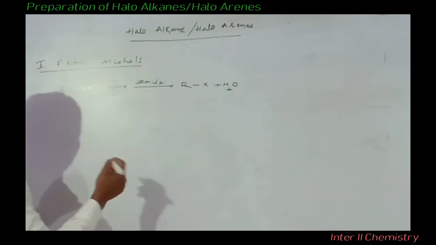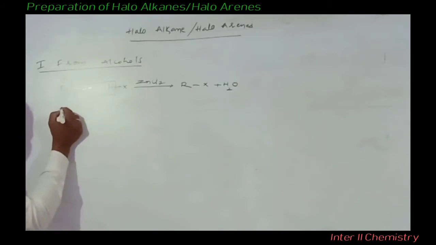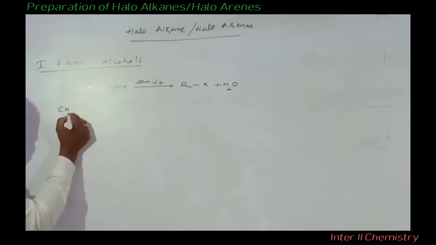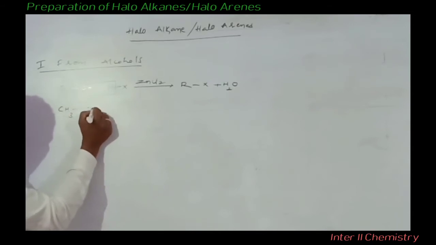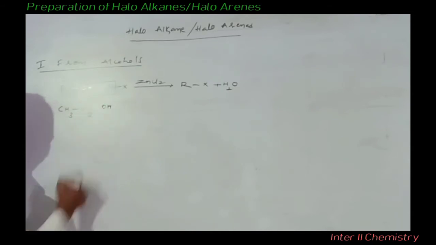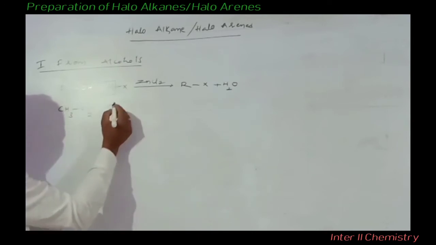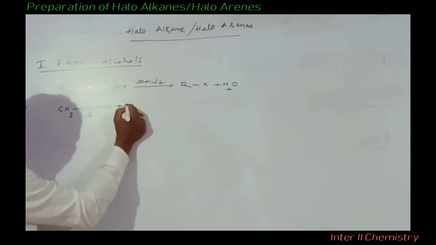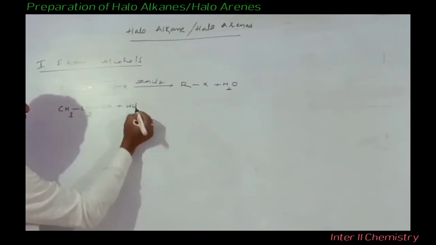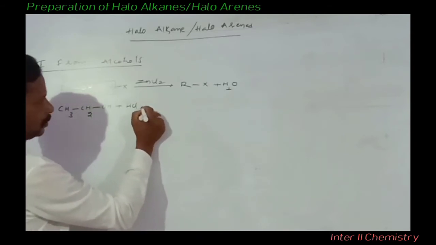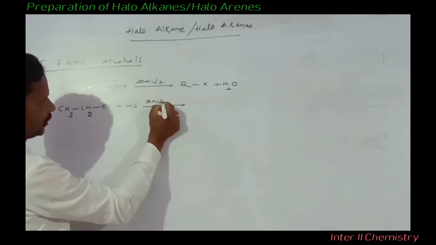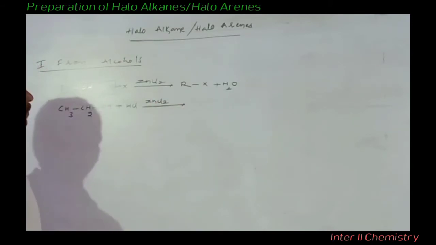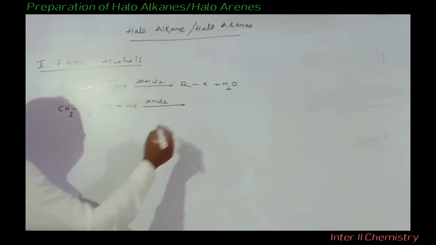We can prepare this specifically. Take CH3CH2OH, which is ethyl alcohol, reacting with hydrogen chloride in the presence of anhydrous ZnCl2.